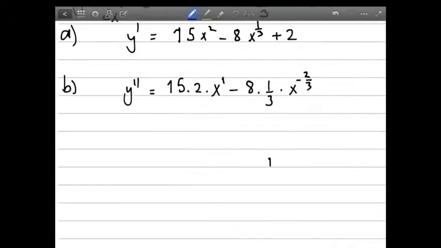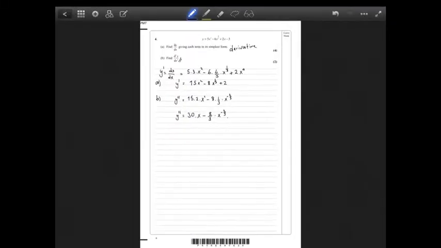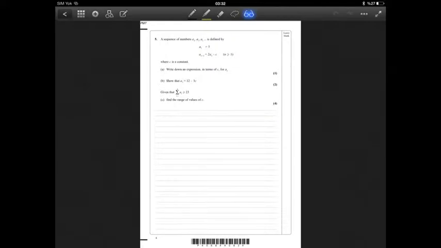That will be the second derivative, or y double prime, is 30 times x minus 8 over 3 times x to the power of minus 2 over 3. That is the end of the question.